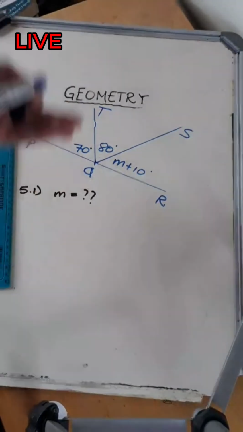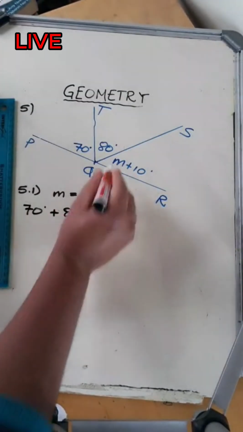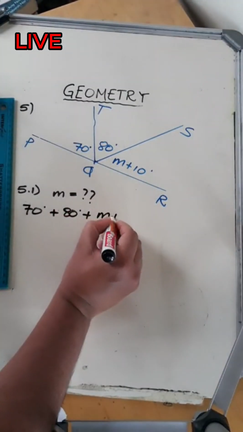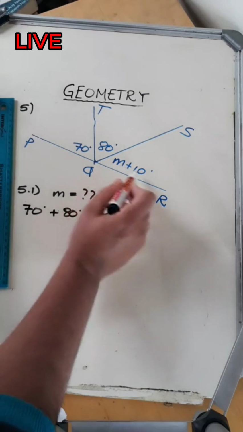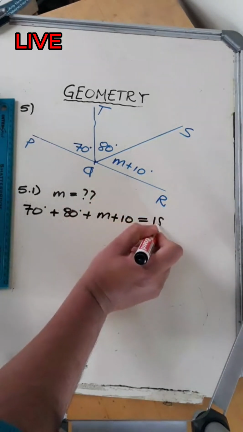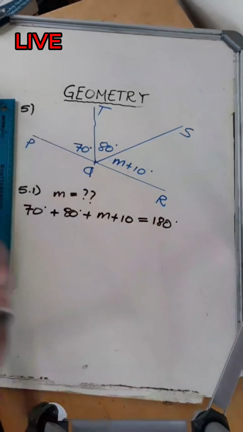That's a mouthful, but let's write it down mathematically. So 70 degrees plus 80 degrees plus M plus 10, which is that one, is equal to 180.